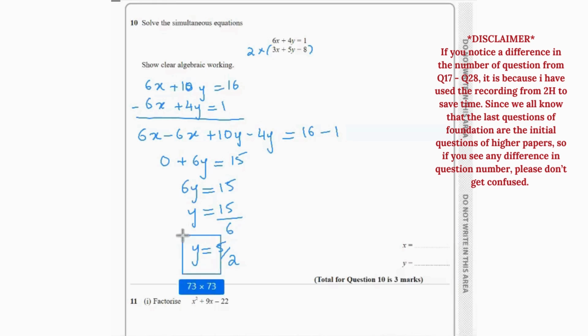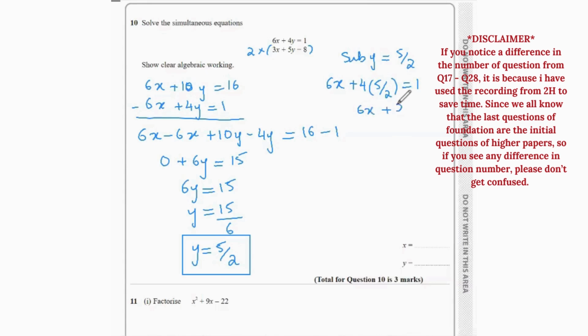Now, once we have the value of y, we substitute back into either of the equations to get the value of x. Let's go with the first one. So substitute y equals 5 over 2. That's going to be 6x plus 4 times 5 over 2 equals 1. That's 6x plus 2 times 5, because 4 divided by 2 is 2.